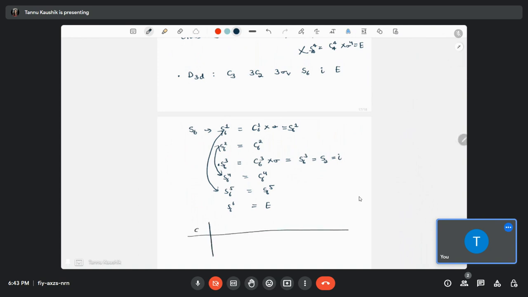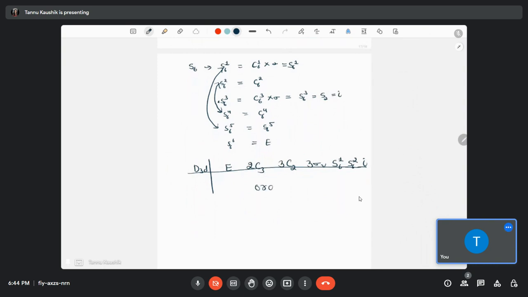So the table will be like this. Identity element, 2C3, 3C2, 3 sigma v, S6^1, S6^2, and the i operator.